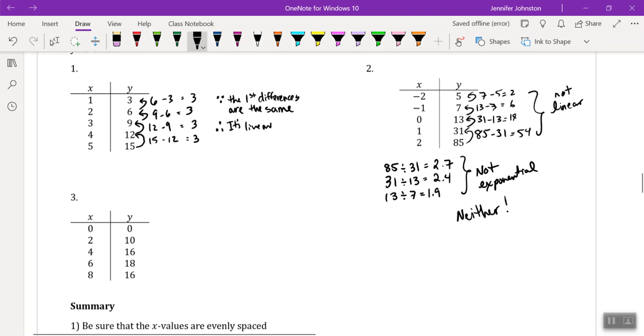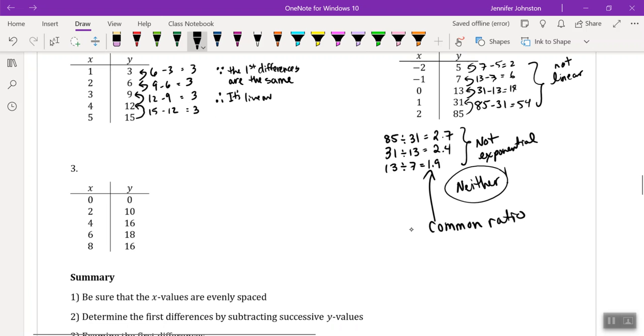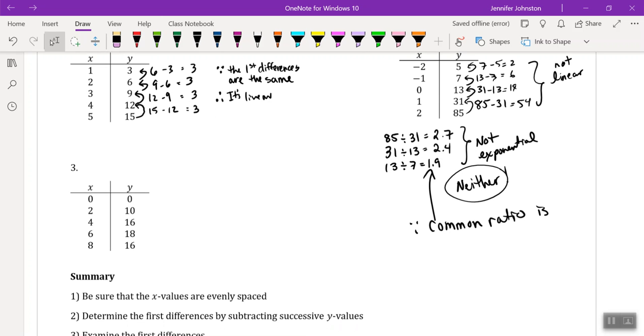Since the first differences and second differences are not the same, and this is what we call the common ratio, since the common ratio is not the same, it's not exponential. And you could say the same thing, since the first differences and also second differences are not the same, it is not linear or quadratic.